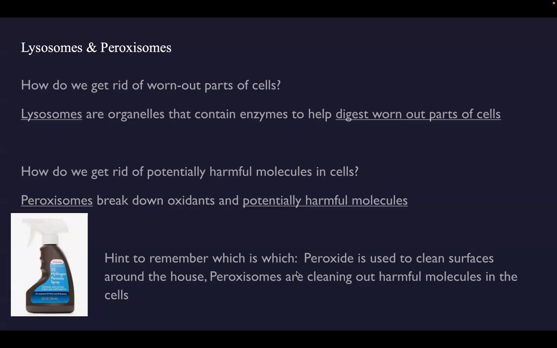So my hint for remembering this is just peroxide is often used as a cleaner around the house, and peroxisomes are for cleaning out harmful molecules in the cells. So lysosomes, you're breaking down worn out pieces of your cells, and peroxisomes are breaking down oxidants and potentially harmful molecules.